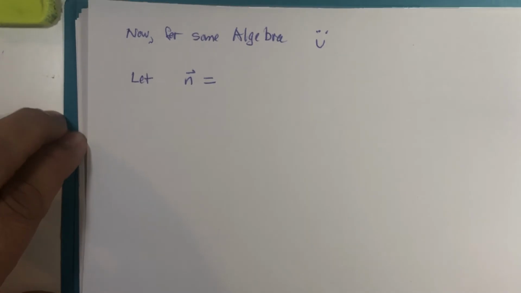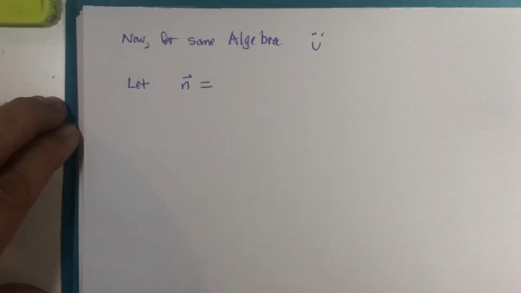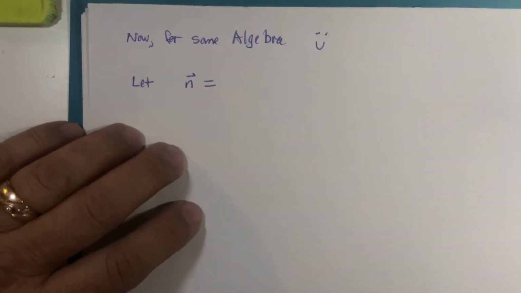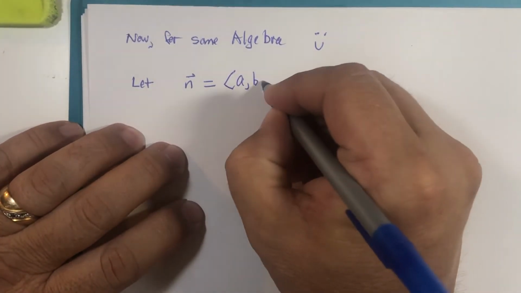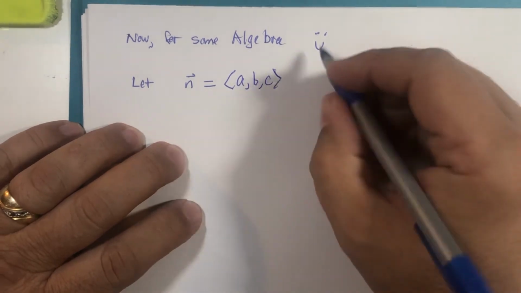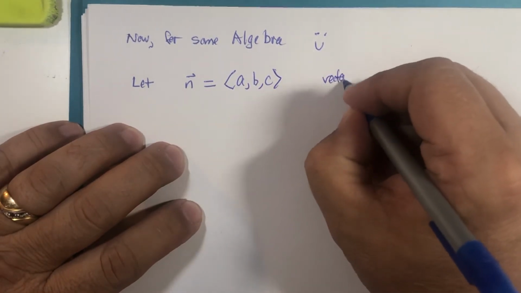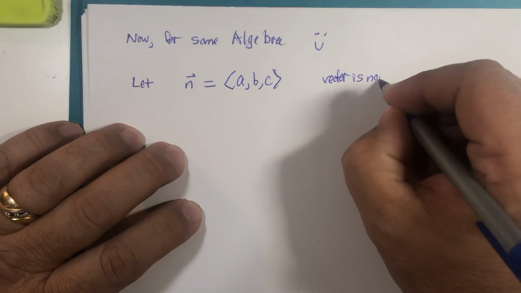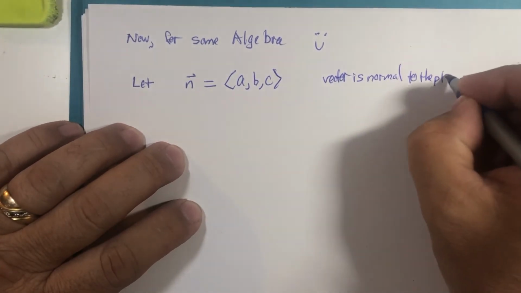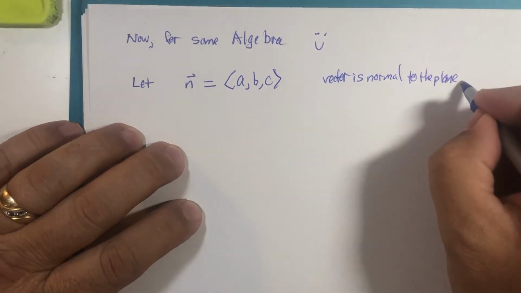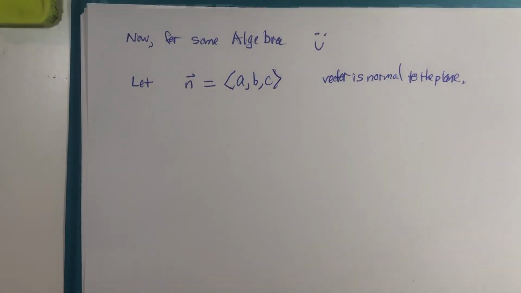Now for some algebra. Let's let the normal vector be defined by components A, B, and C. This vector is normal to the plane. And I know I've been kind of referring to it before, but there are subtle differences between the words perpendicular and orthogonal and normal.